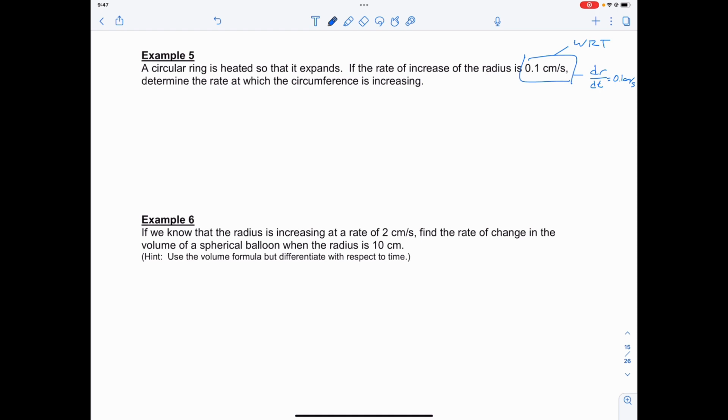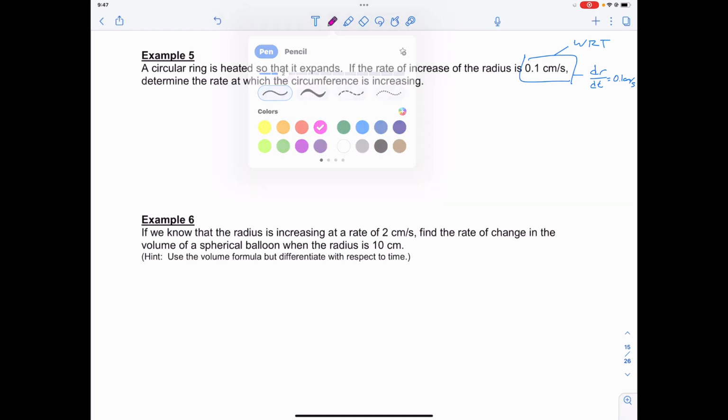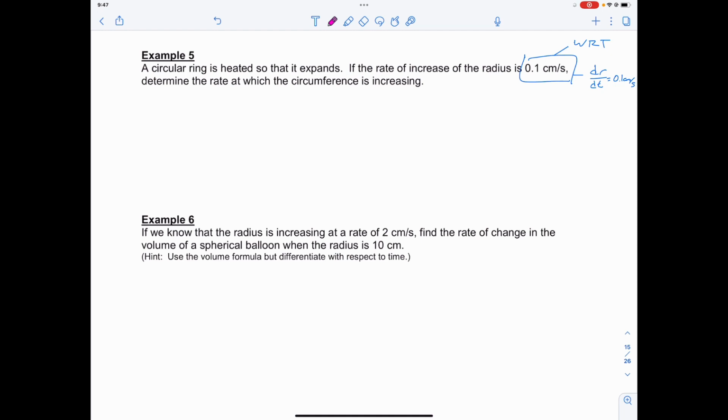So when we think of what we need to do for full marks, the first one is we're going to define the variables and draw a diagram. So what do we know? We know that the formula is C is equal to 2 pi r in terms of the relation of a circumference to the radius. C is our circumference. r is our radius.